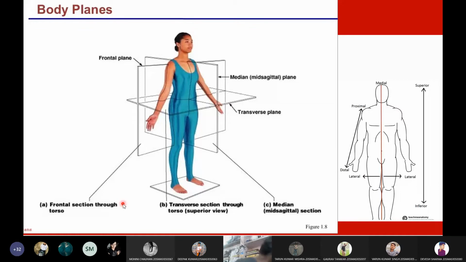If it is there, it will be nice to show you. I think I don't have it. Just a second. I got it. Okay, students.